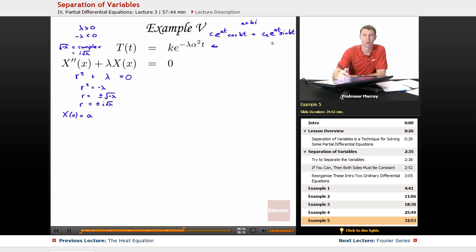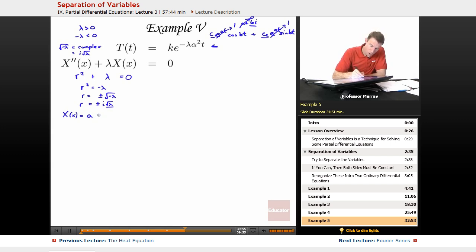So I'm going to follow that format, except I'm going to change around what I'm calling my constants a little bit. Instead of C1 and C2, I'm going to use A and B. This a is just 0, so you get e to the 0t, which is just 1. So those terms are both 1, and I get cosine of, well, my b is the square root of lambda.